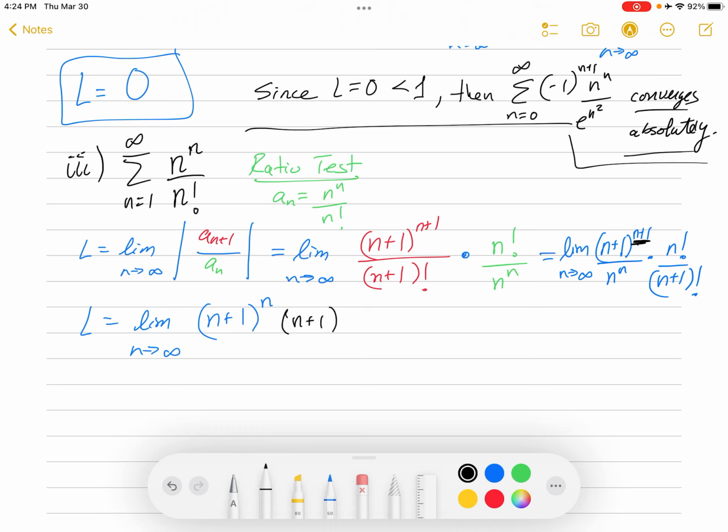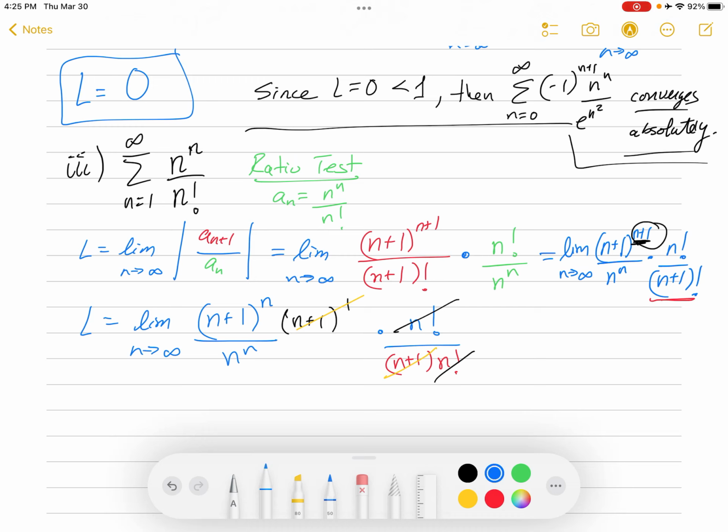Now I'm going to drop this power here, this n plus 1, by 1, by pulling off an (n plus 1) to the 1, right? So this power, we take 1 off, so we have (n plus 1) to the n, and then (n plus 1) to the n. And on bottom here, I got n to the n. And then we have n factorial over (n plus 1) factorial, which we can write as n plus 1 times n factorial.